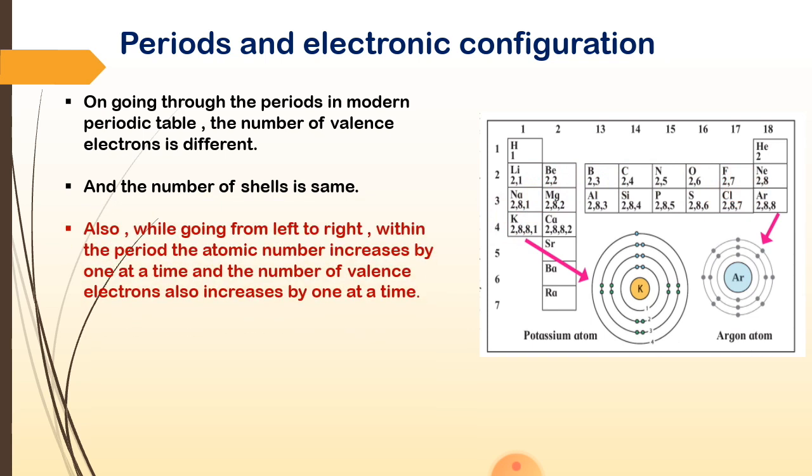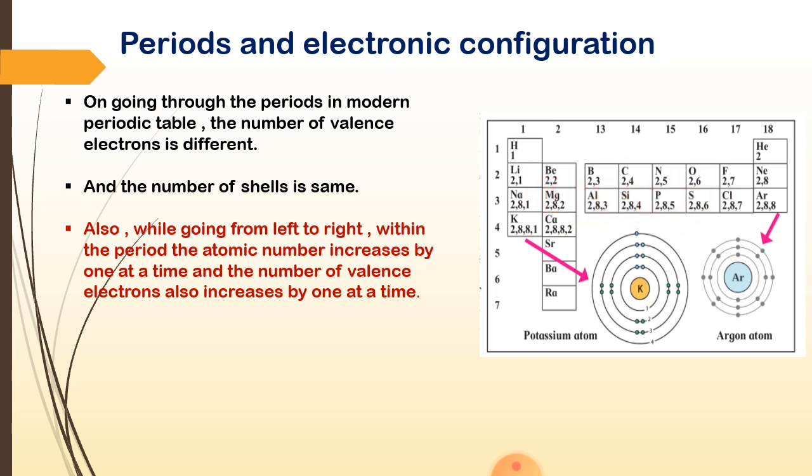Also, while going from left to right within the period, the atomic number increases by 1 at a time. The atomic number of lithium is 3, of beryllium is 4, of boron is 5, and so on. So the atomic number increases by 1 at a time, and the number of valence electrons also increases by 1: here 1 valence electron, here 2, 3, and so on.